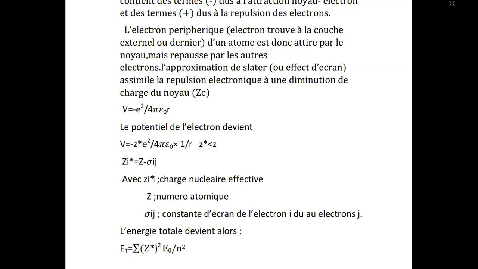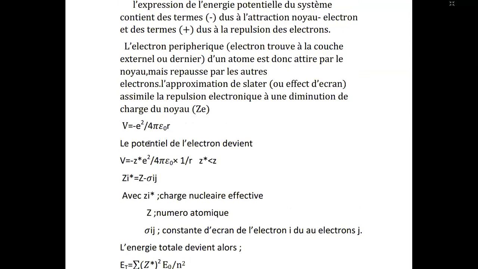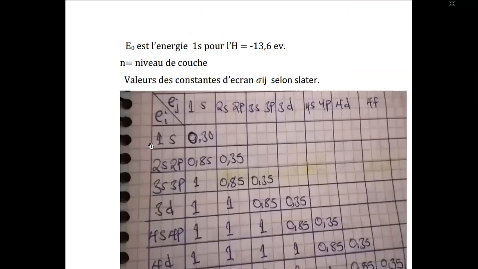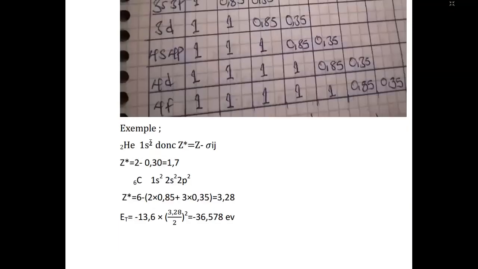Here it is 2 minus, and there are 2 electrons. When calculating the Slater constant approximately, you don't consider 1 electron.